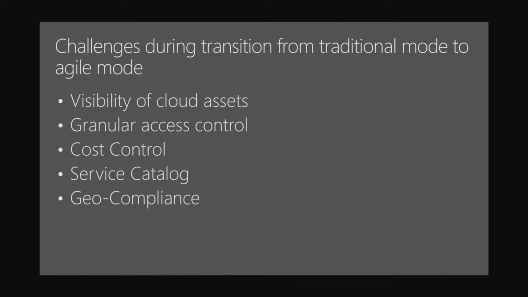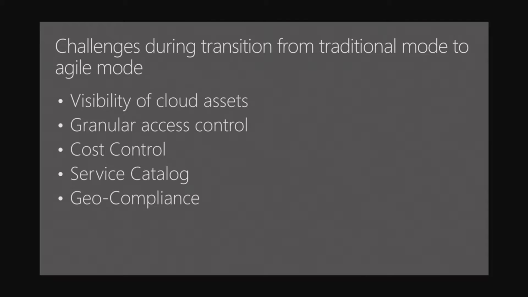The next one, very important, is about service catalog. You want to have some control on what type of resources your organization can use. Azure has all kinds of resource types from VMs to HDInsight to all the marketplace solutions, but for your organization, only a few of them make sense to use.